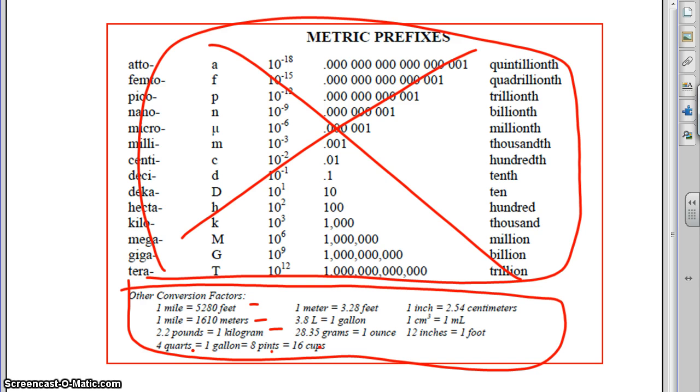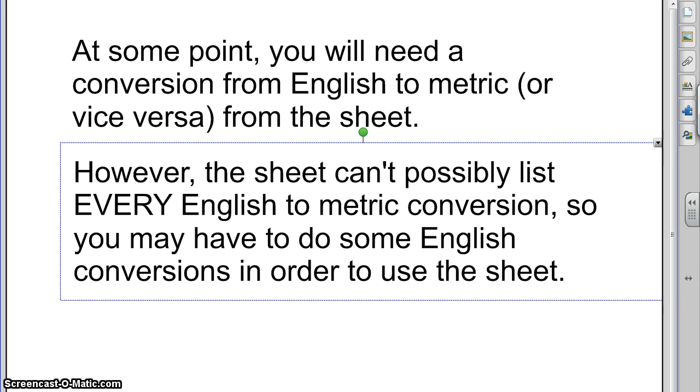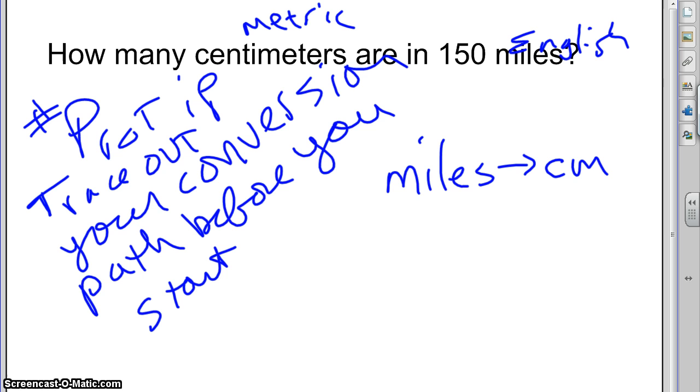There's not anything on there about centimeters to miles. And like I said, you can't possibly list every English to metric conversion. You could Google it in the real world, but I want to teach you the skill of being able to go from one thing to another with limited information.